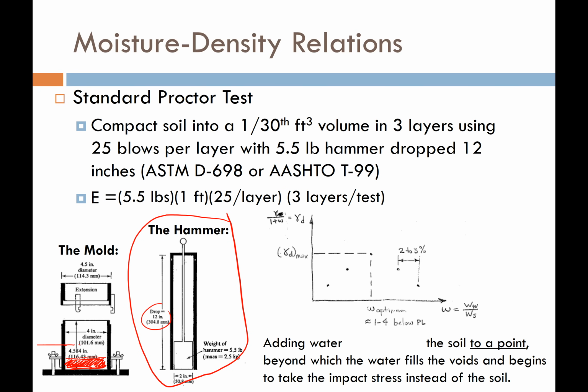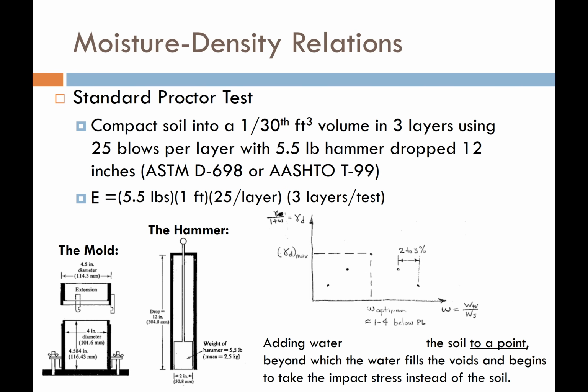And then we're going to come in and put another lift and pound that 25 times. And then we're going to come in and do the final lift and pound that 25 times. So all together we have 75 hammer blows that we're applying to this little mass of soil. Now the advantage of this, of course, is that when we do this, we know the volume of that mold. So we can get the density of the soil just by weighing it, because density is weight divided by volume.